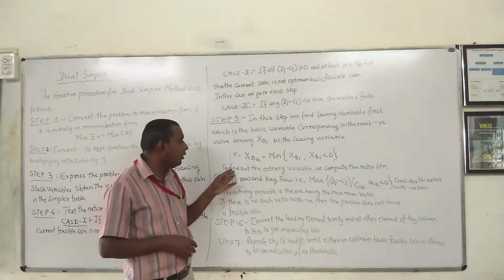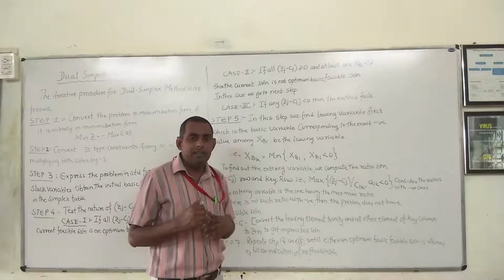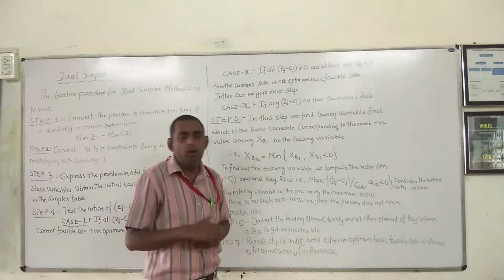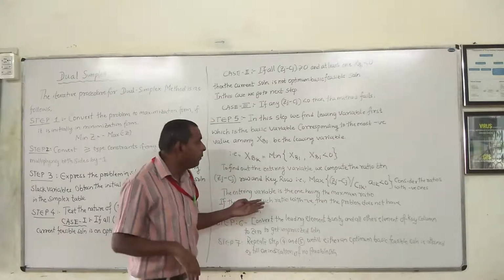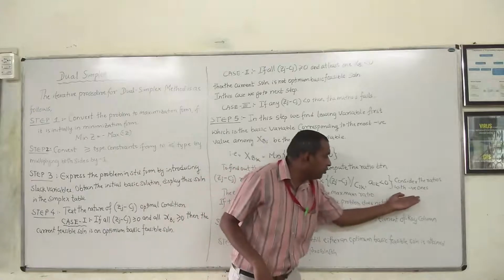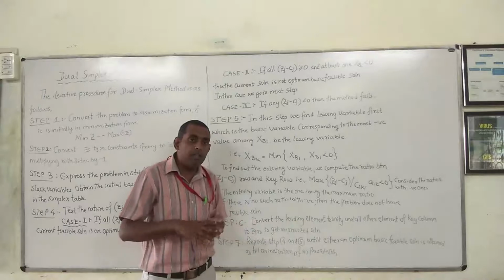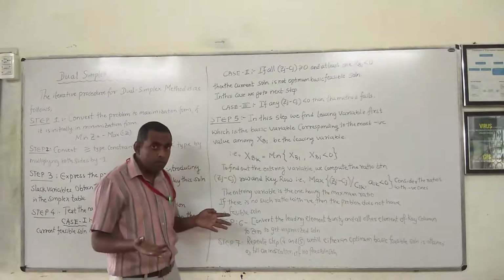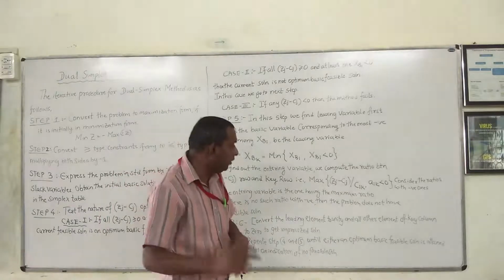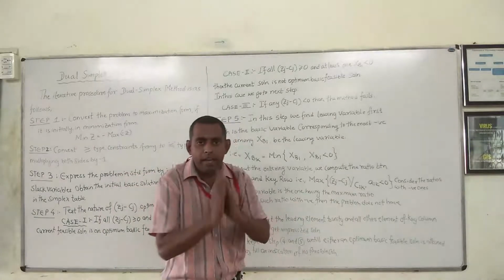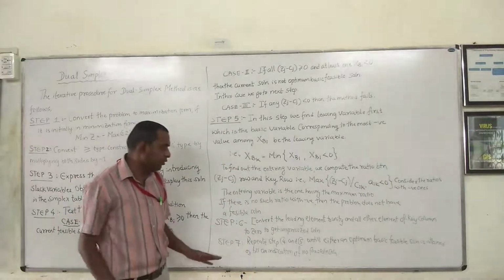To find the entering variable, we compute the ratio between the Zj minus Cj row and the key row. We consider the ratios with negative ones. The entering variable is the one having the maximum ratio which is negative. If there is no such negative ratio, then the problem does not have any feasible solution.